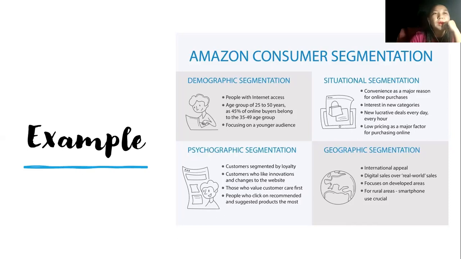For rural areas, smartphone use crucial. So, yun. That is the 4 bases for segmentation, 4 bases for dividing your market: geographic, demographic, psychographic, and behavioral.